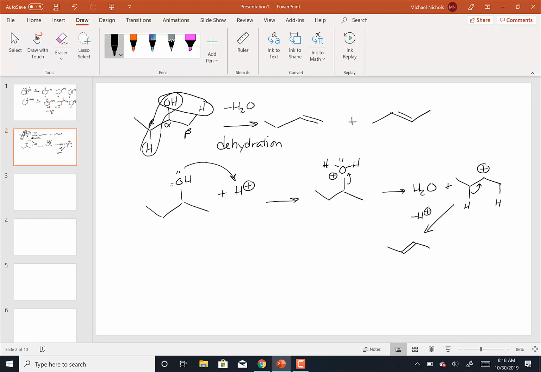the double bond there. So let's say this is hydrogen A. I'm going to lose the beta hydrogen HA+.